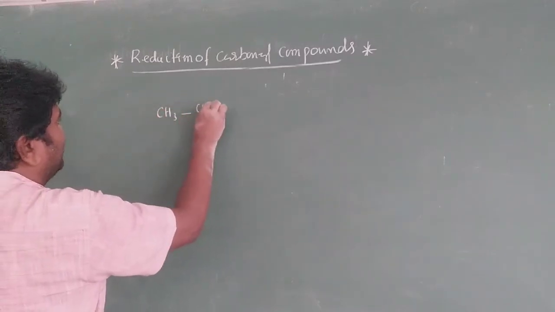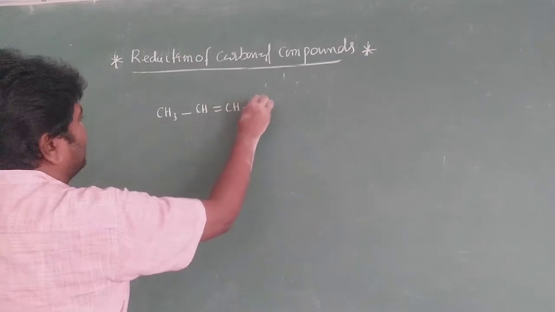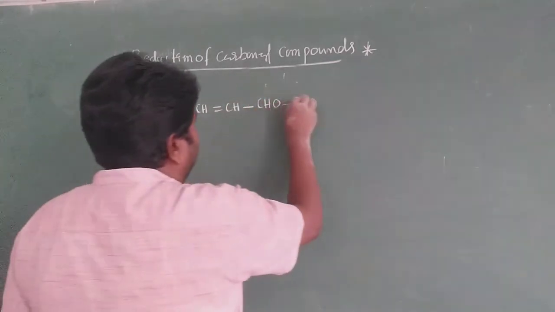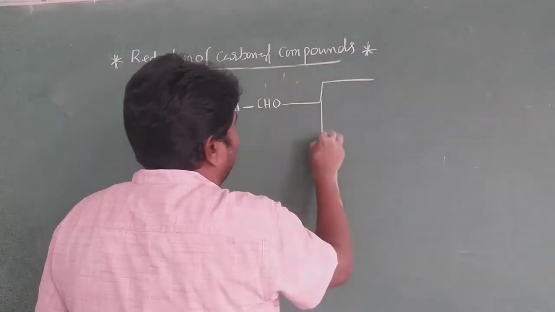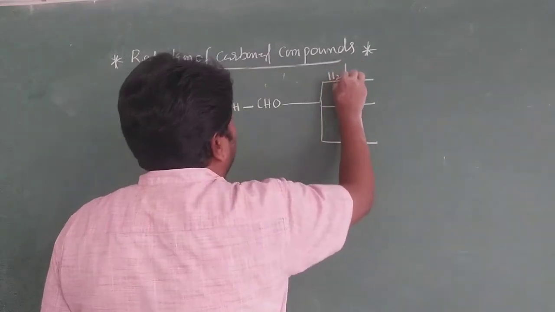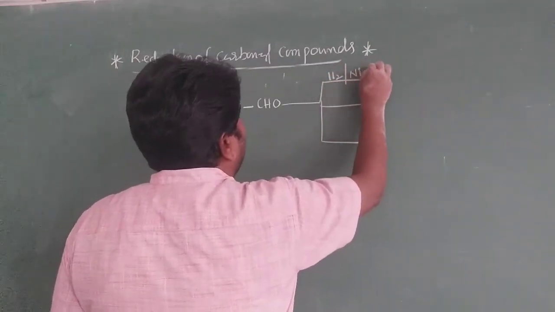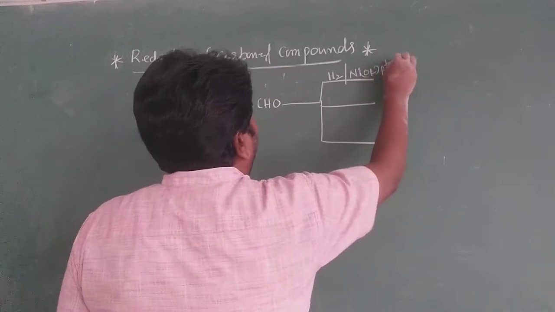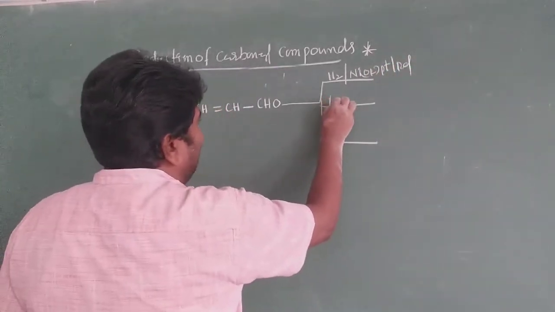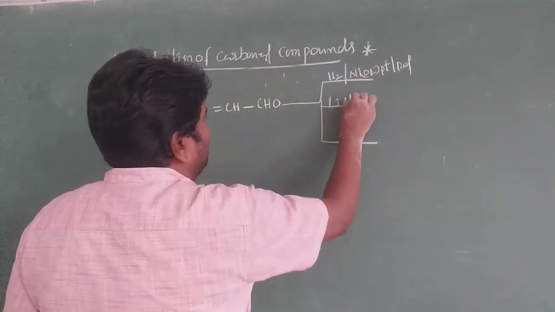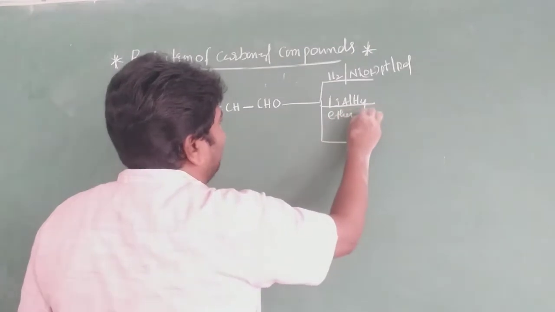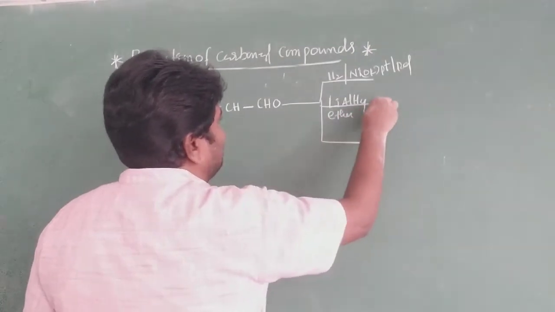CH3, CH double bond CH, next CHO, gives rise to, see my dear students, addition of H2 in presence of nickel or platinum or palladium. With LiAlH4, lithium aluminum hydride, in ether, then H3O plus.